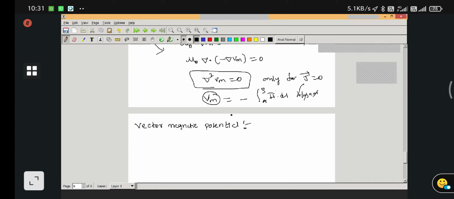Before discussing scalar magnetic potential, in this vector magnetic potential we take a vector A. The magnetic vector potential is defined such that its curl gives the magnetic flux density: curl of A vector is equal to B vector.